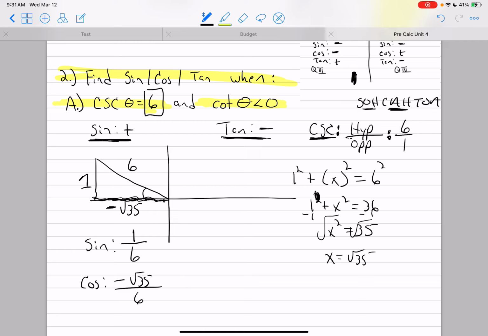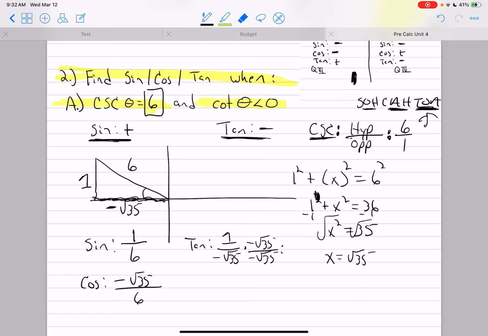And tangent is the opposite over the adjacent. So tangent is the opposite, which is 1, over the adjacent, which is negative root 35, which I can't keep, so I have to simplify it, times negative root 35 over negative root 35.